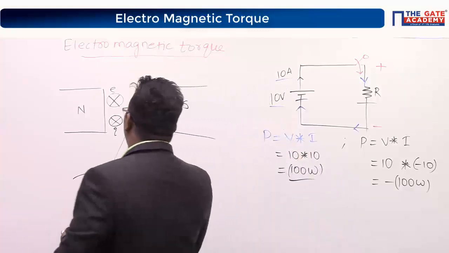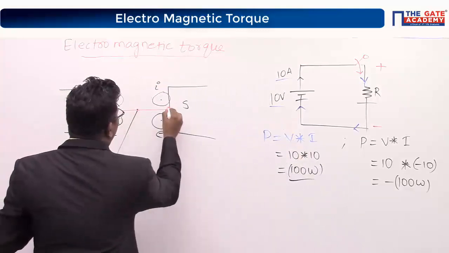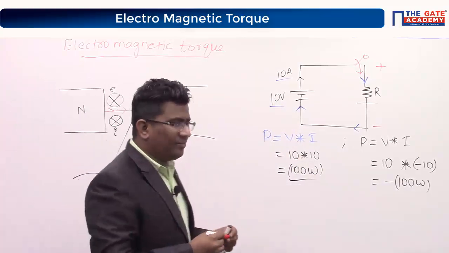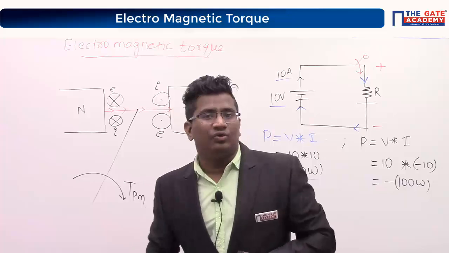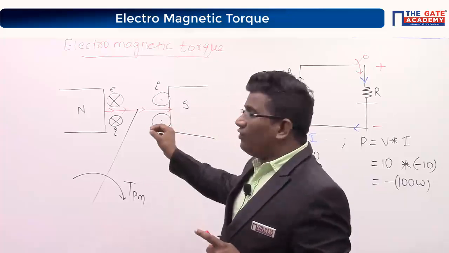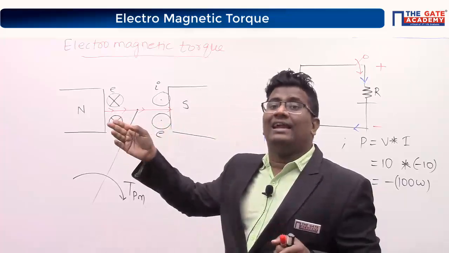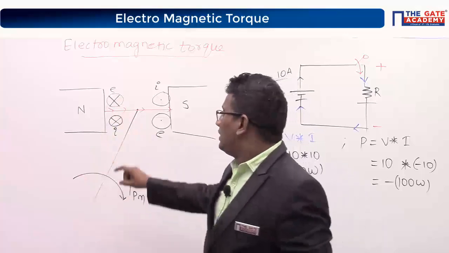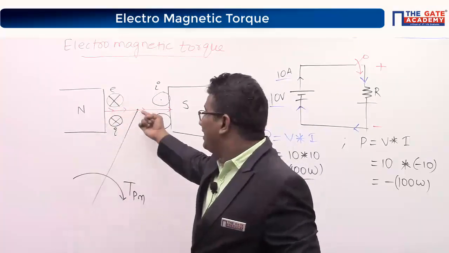Already flux lines are flowing from north to south, correct? Now you have indirectly placed a current carrying conductor inside a magnetic field, right?